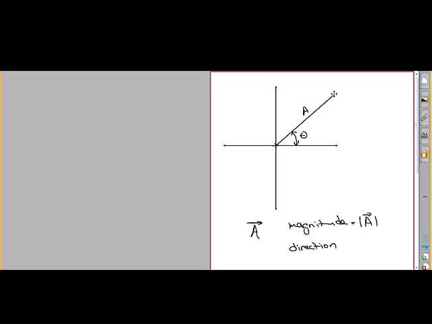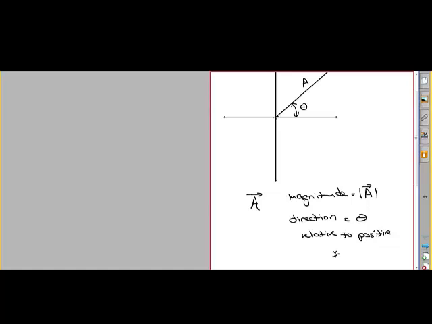For right now, let's say the vector is going to the right and up. So the direction would be specified by theta, relative to the positive x-axis. We don't normally write this out because usually there's a drawing that tells us or demonstrates what that is.